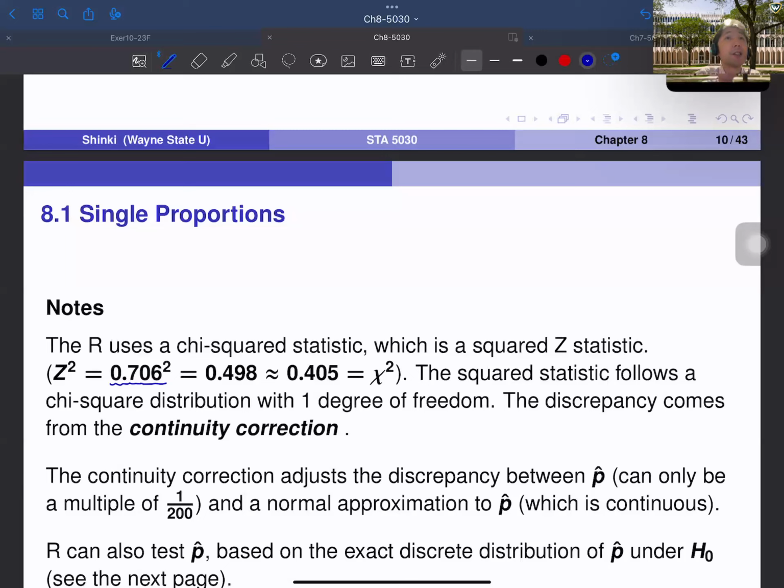I got one question. Is there a test without continuity correction? Oh, that's a good question. I believe that we have some options in the function. You can see the help of the function.